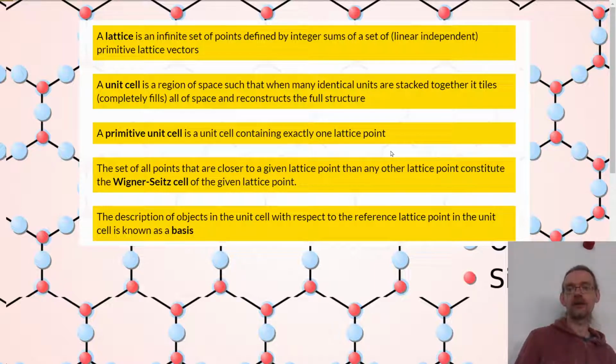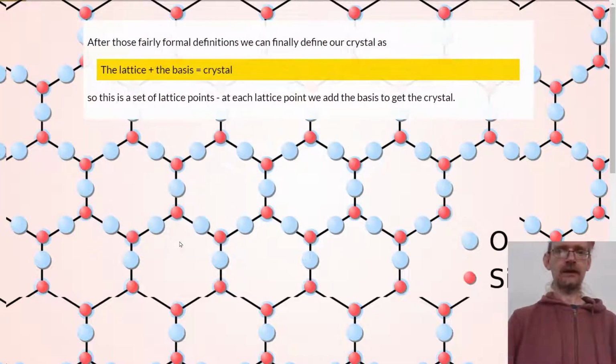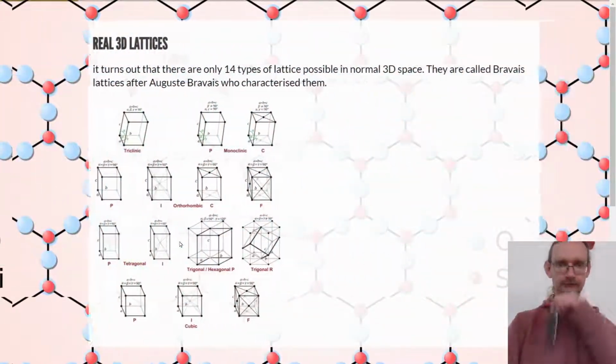So in 2 dimensions, if you're sharing a corner, it's probably between 4 cells, so you get a quarter of it. On each lattice point you put a basis, and then you've got the actual crystal.